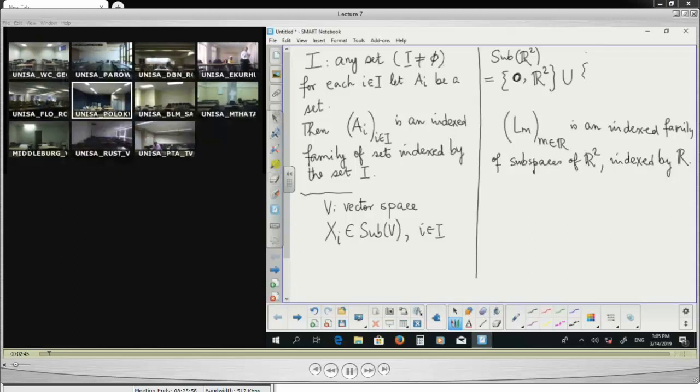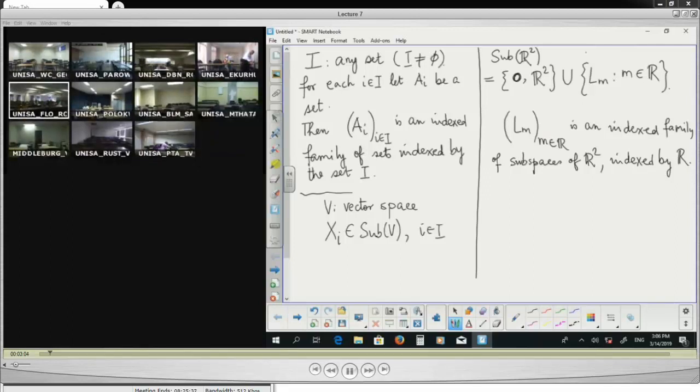Yeah, this is a better way. Where you remember I defined the LMs.